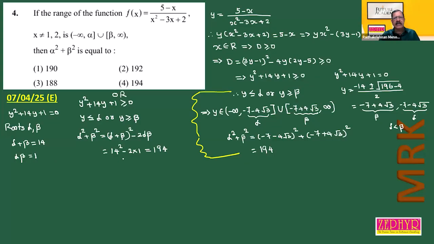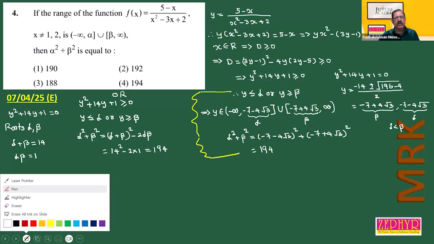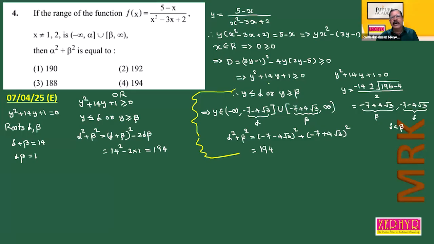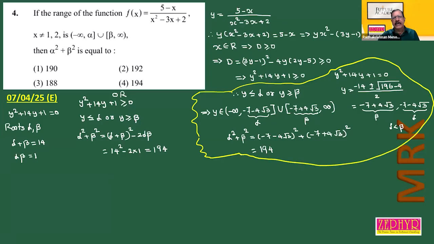You need not use the formula for solving quadratic equation, without using that you can avoid this whole part and directly you will be able to get the answer.